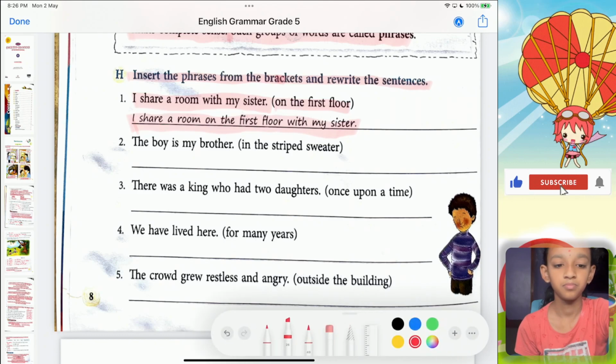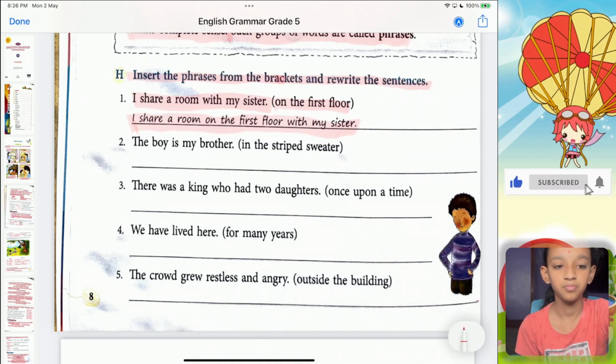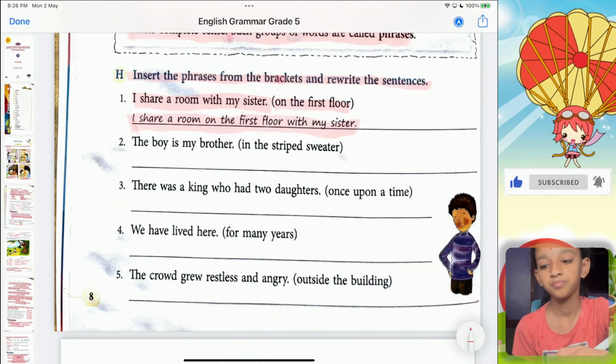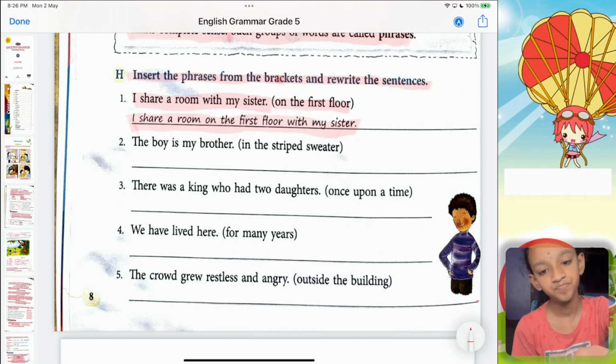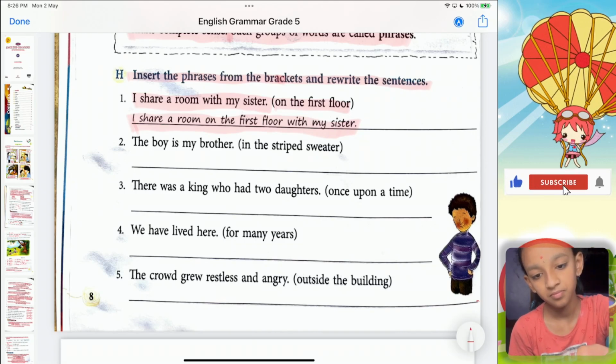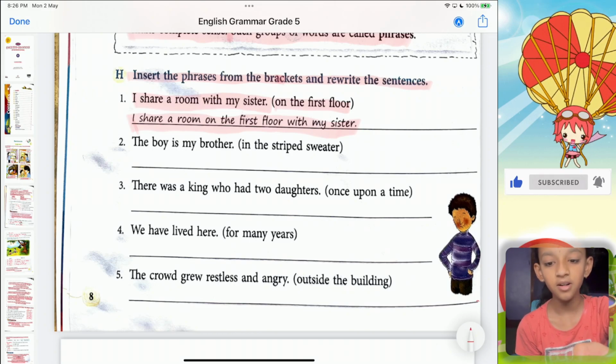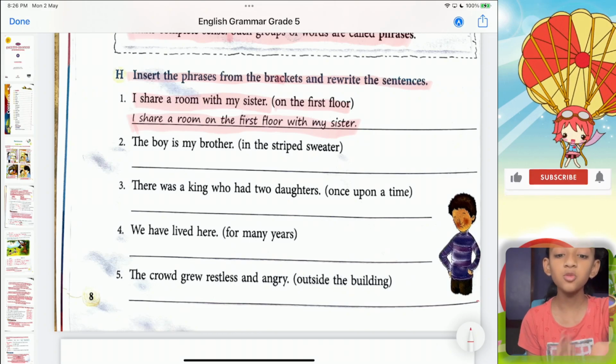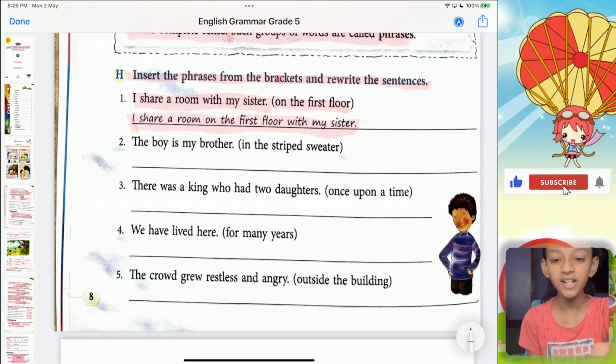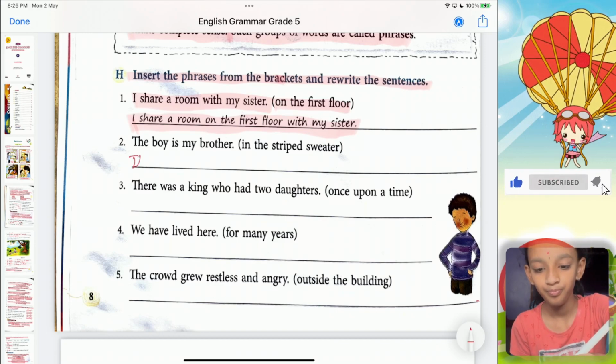So on the first floor is a phrase. Now likewise, let's do the second one. The boy is my brother. In the striped sweater. The boy in the striped sweater is my brother. Correct. So the boy in the striped sweater is my brother.